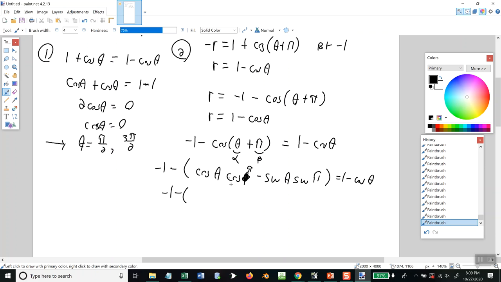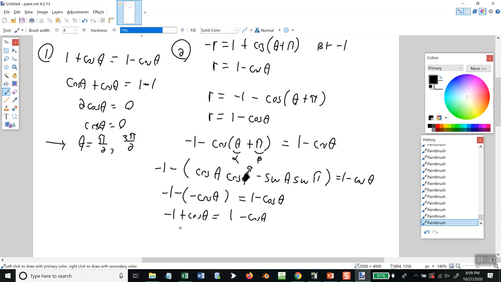Now cosine of pi is, what is that, negative 1? So negative 1 times cosine theta is negative cosine theta. Sine of pi is 0. 0 times sine theta gives you 0, so that drops away. Negative 1 plus cosine theta is equal to 1 minus cosine theta.